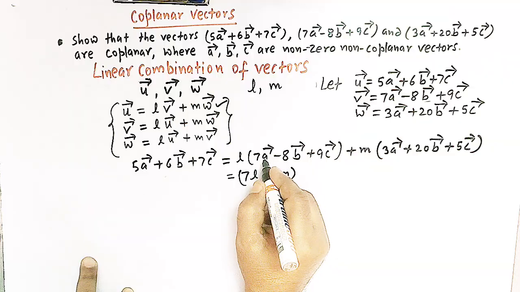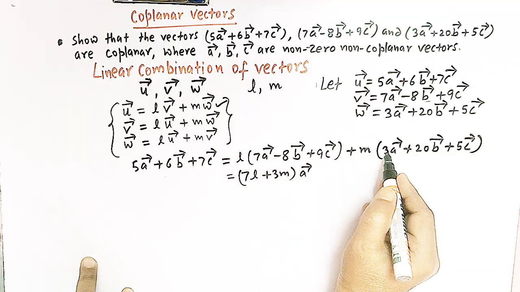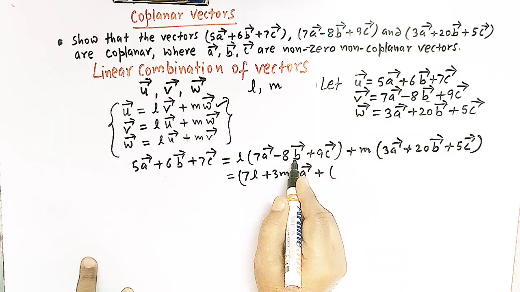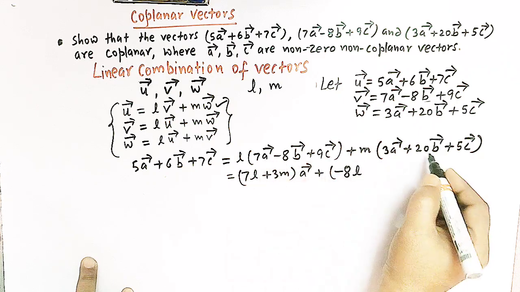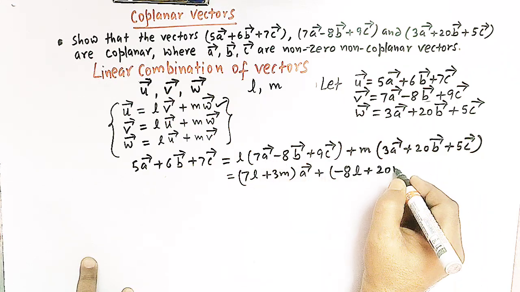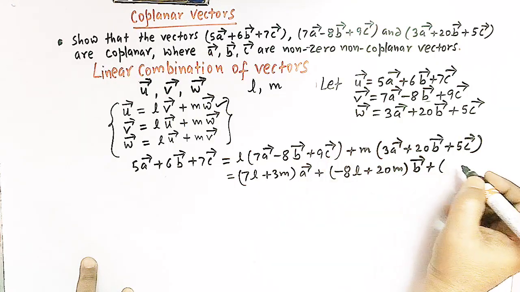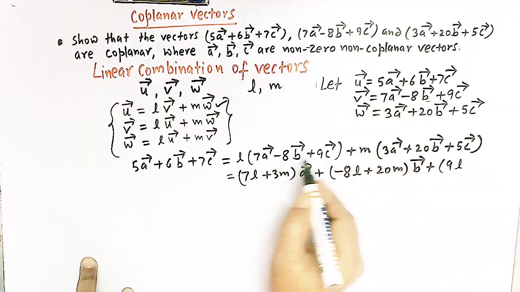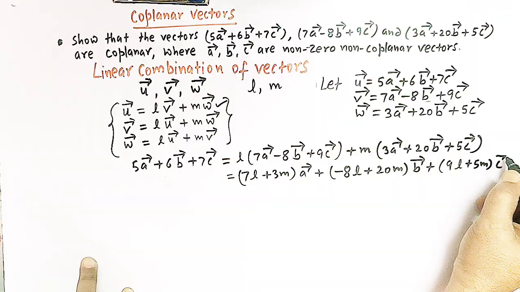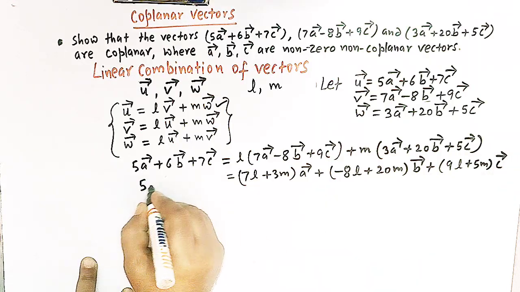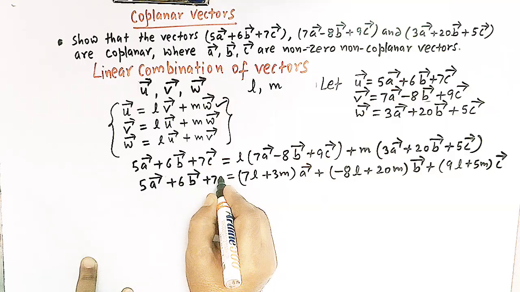So the coefficient of vector a is given by 7L plus 3M, and then the coefficient of vector b is given by minus 8L plus 20M, and the coefficient of vector c is given by 9L plus 5M, and here we have 5a plus 6b plus 7c.